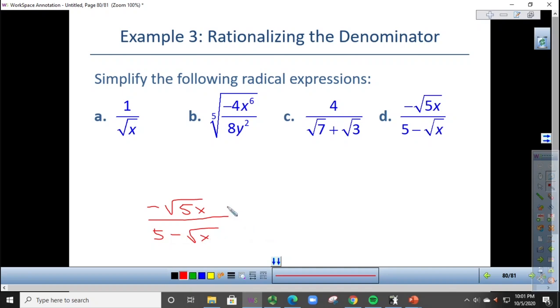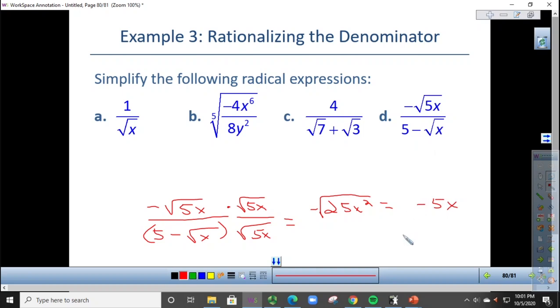I'm going to multiply this by square root of 5x, and this is going to be multiplied by the square root of 5x. So this is going to equal negative the square root of 25x squared, which is just negative 5x in my numerator.